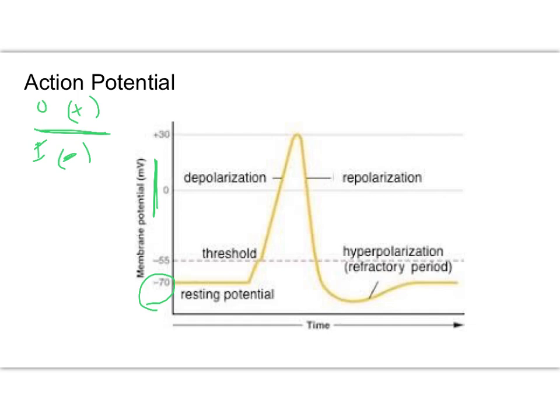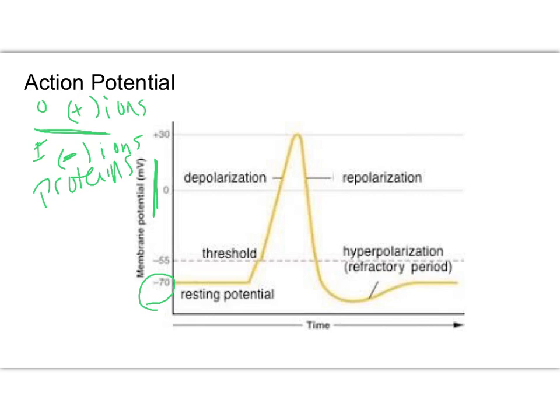It's more negative on the inside due to ions and proteins. Proteins have big giant molecules with big negative charges. On the outside, I've got a lot of ions that are positive. Now remember, just because it's more negative on the inside doesn't mean I have no ions on the inside that are positive. It's just more negative on the inside.